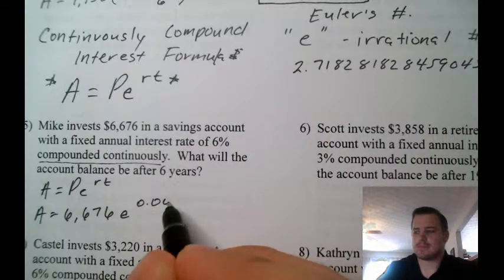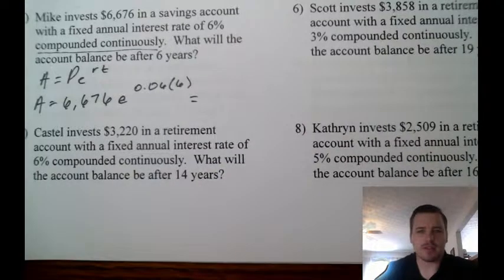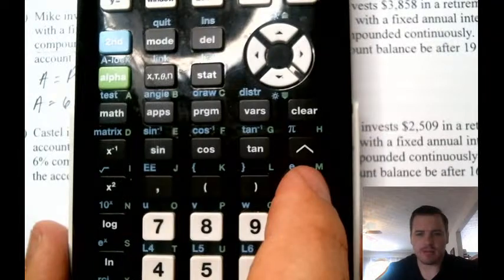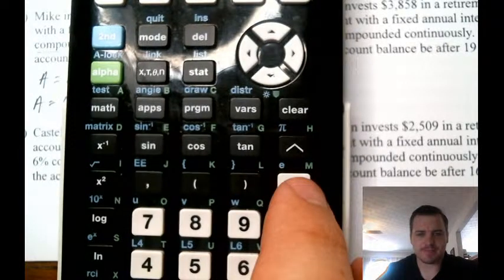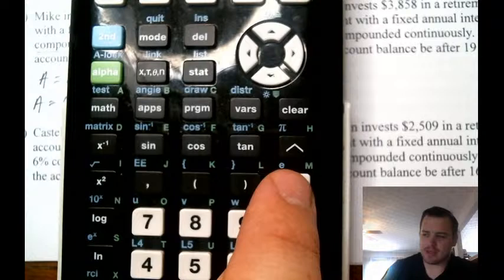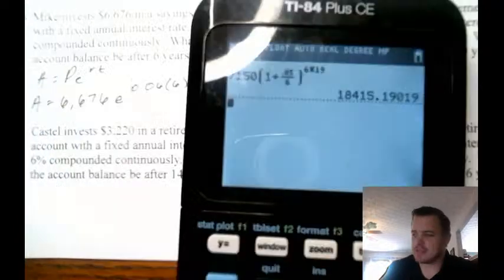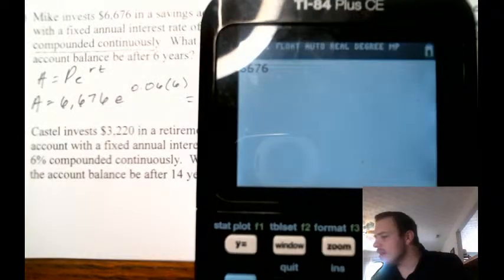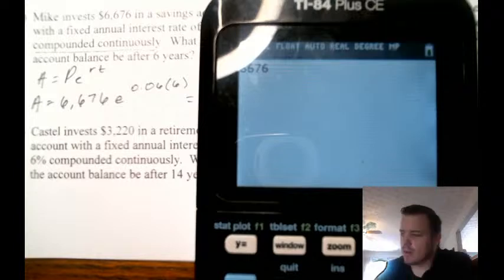Now, E on your calculator, guys, will be above the division sign. You have to hit second and then the division sign. Everybody see the E there? So I'm going to come up here to my calculator and type this in. 6,676, second E, and then raised to 0.06 times 6.